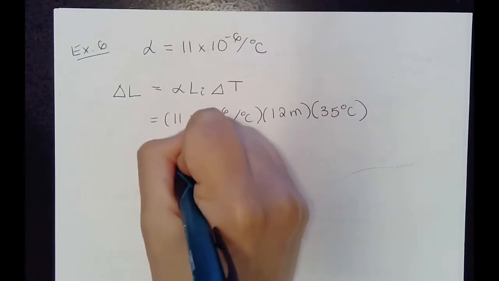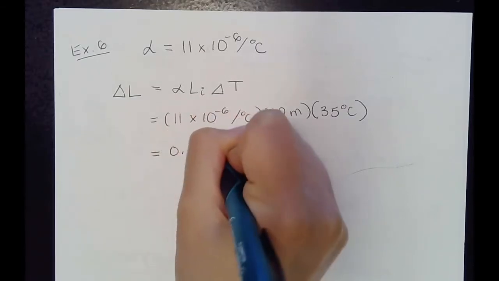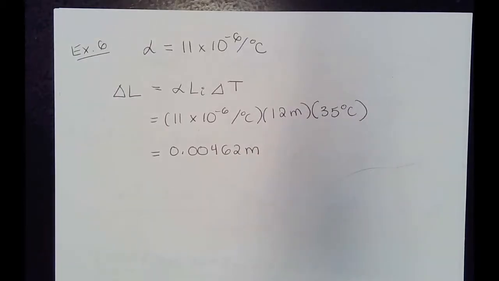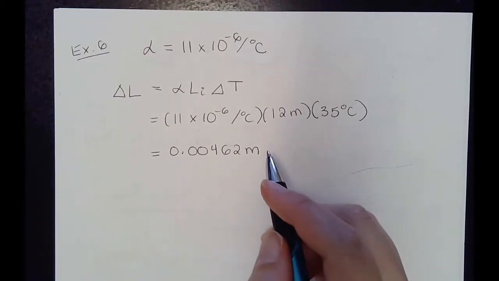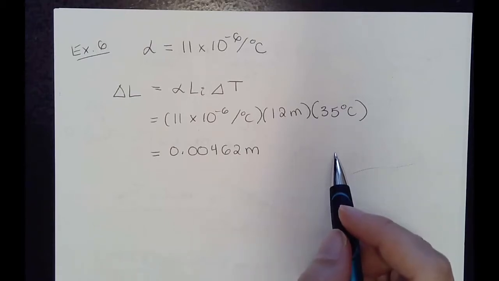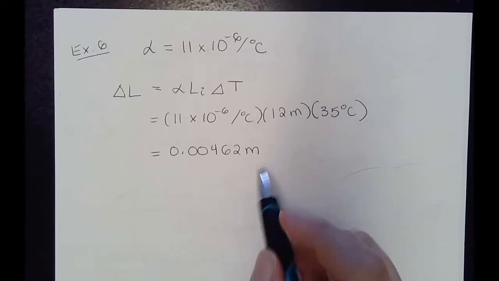And this gives 0.00462 meters, or 4.62 times 10 to the -3 meters. And that gap has to be left somehow. So whether this would mean leaving this at the end of each rail or doing half at each end of the rail, that's the room that needs to be left for the expansion.